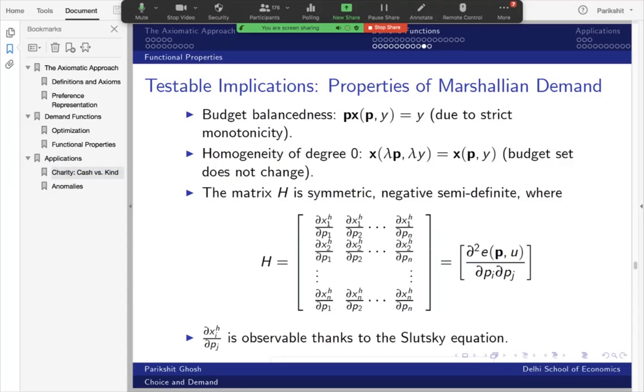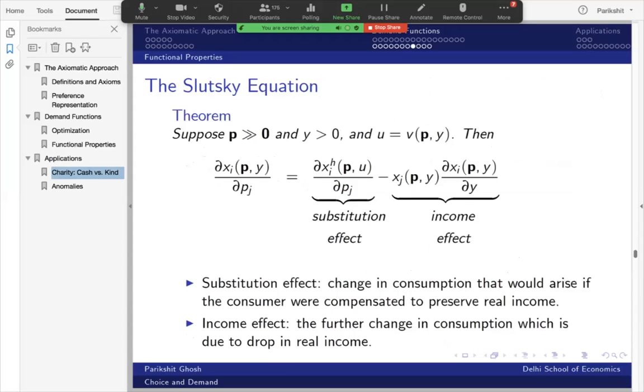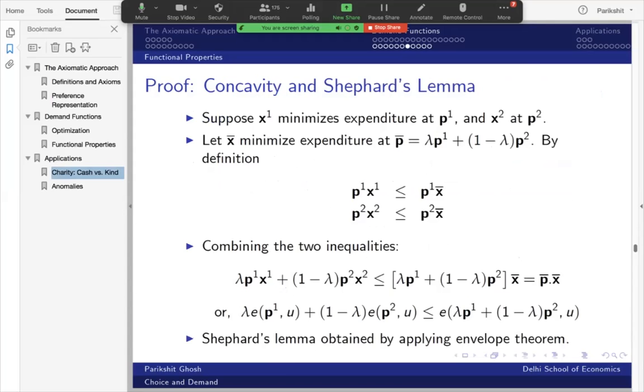So take this matrix, if it's symmetric, negative, semi-definite, this matrix is the same as this matrix. The matrix consisting of second derivatives of the expenditure function is the same as the matrix consisting of the first derivatives of all the Hicksian demand functions. Why is that? That comes from Shepard's lemma that we proved. What did Shepard's lemma say?